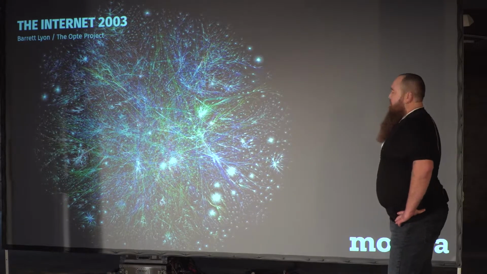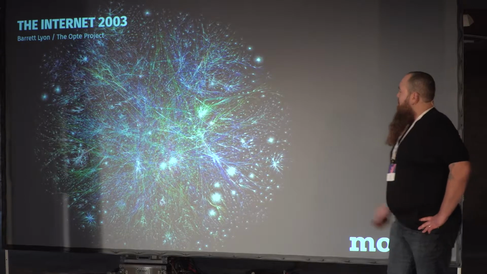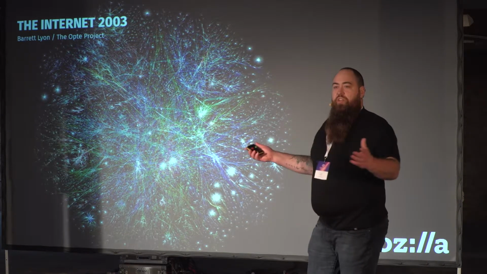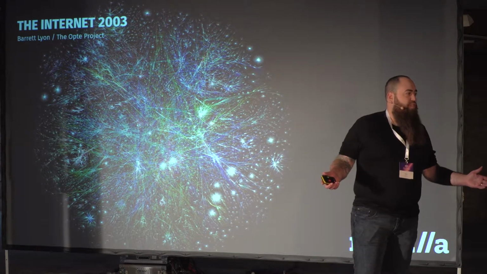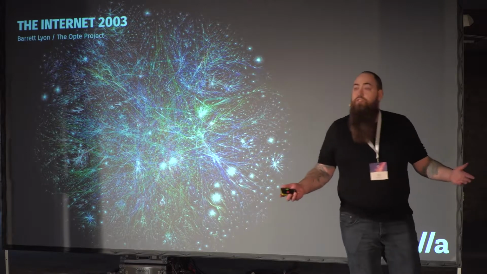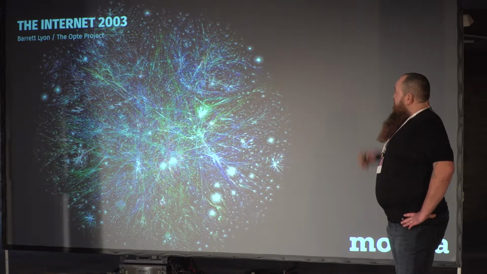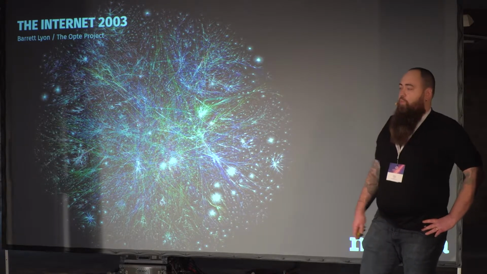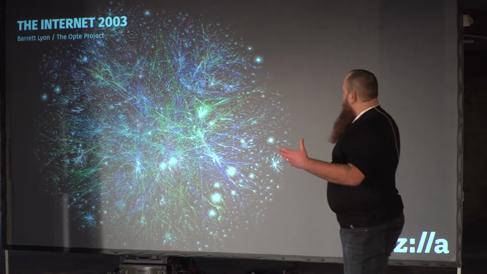This visualization, it's pretty famous. Probably you've seen it before. It's from the Opte project, Barrett Lyon. It's based on crawl technology, the technology that we have historically used for studying the web, for understanding the nature of the web, the nature of this entity. At the time that it was produced, this was the most complete map of the connectivity of the web, and it represents sort of an interesting picture.